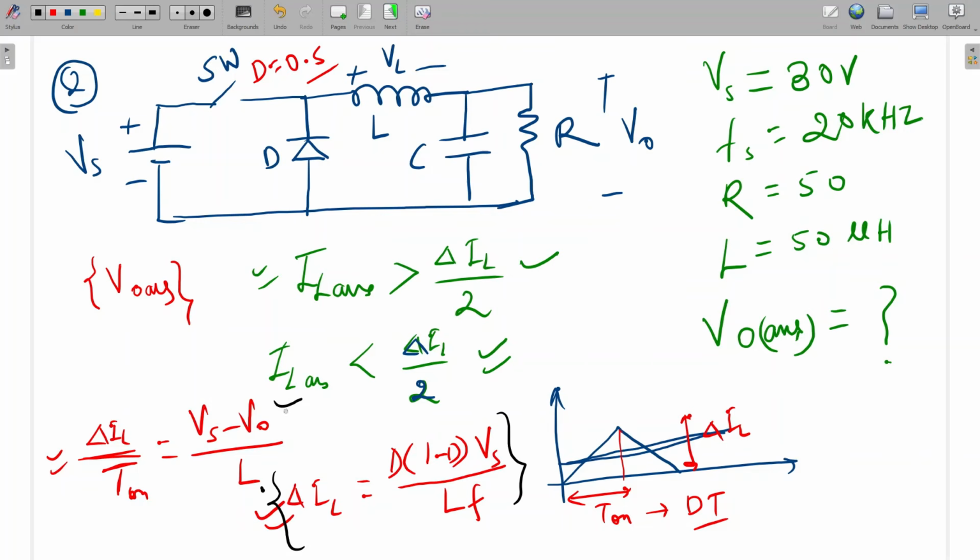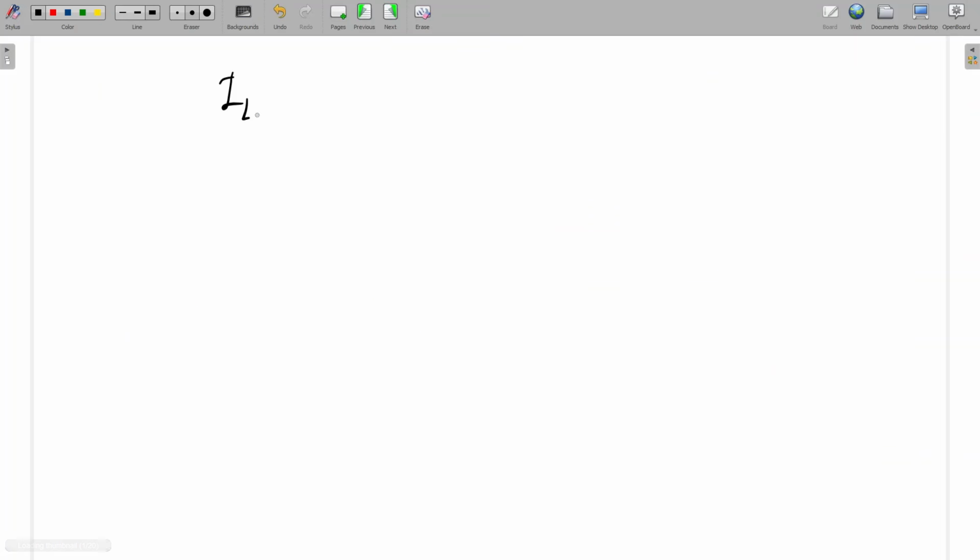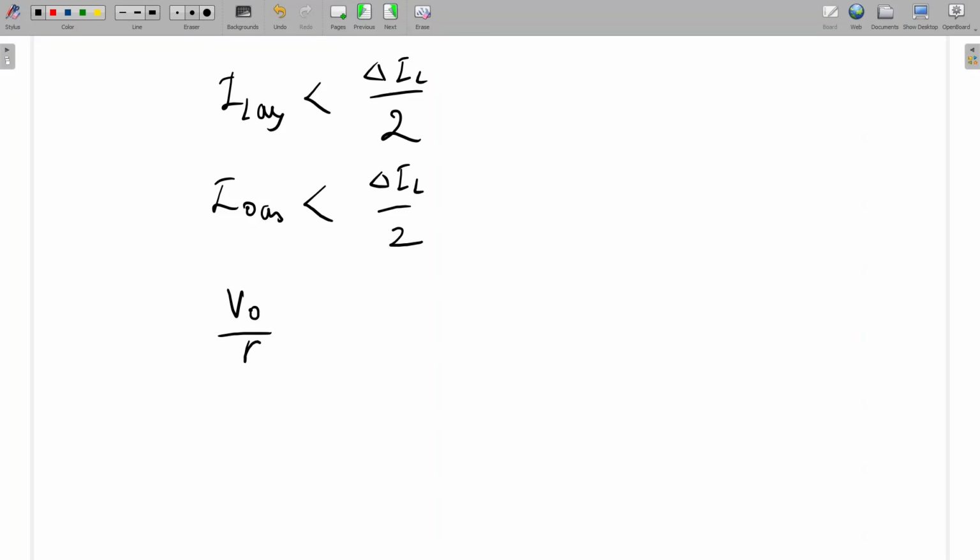So what will be the IL average? IL average will be the same as I naught average. So same equation I can write here. IL average less than delta IL by 2, so I naught average will be less than delta IL by 2, and this will be V naught by R less than delta IL by 2.